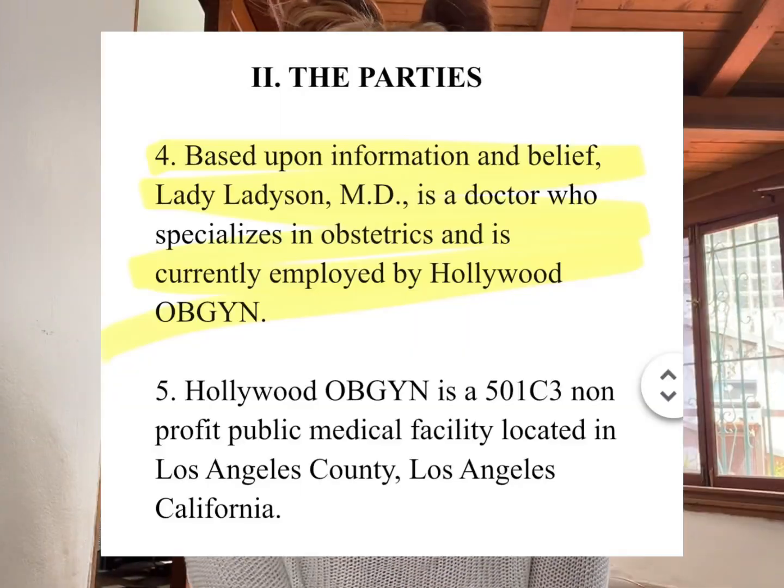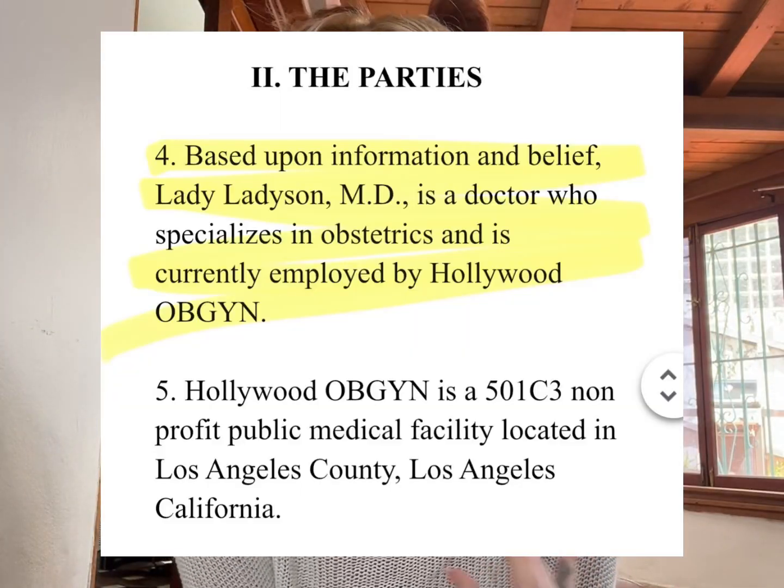But coincidentally, the day I filed my complaint, she quit or was fired. Because of that, I want to word it in a way that's basically saying, based on what I know, it may not be true, but based on the information I have, she's employed there. So a way you can word that, based upon information and belief.